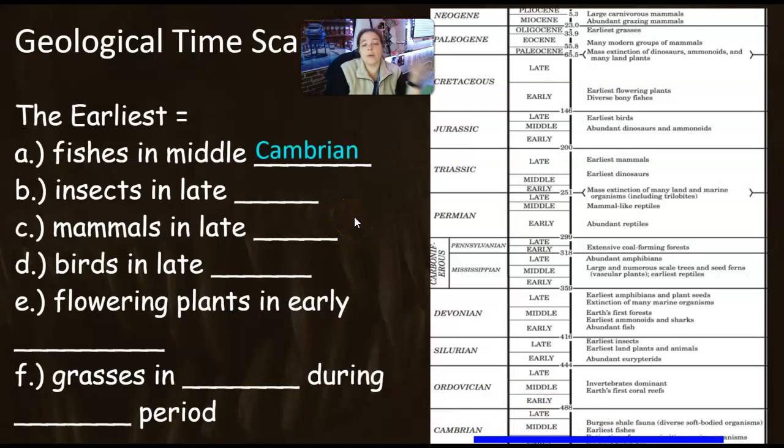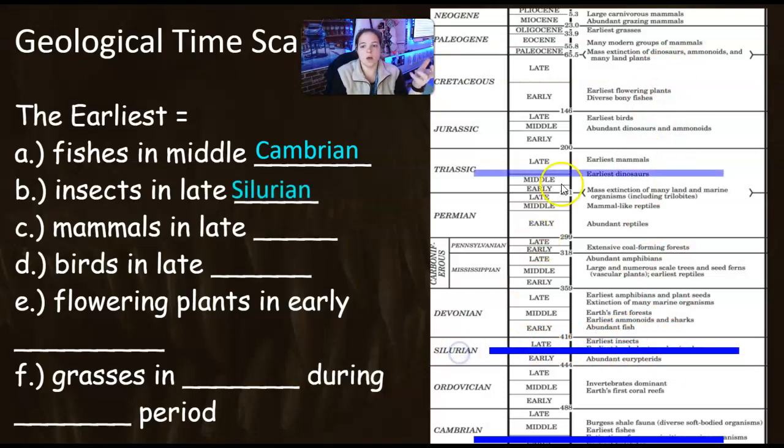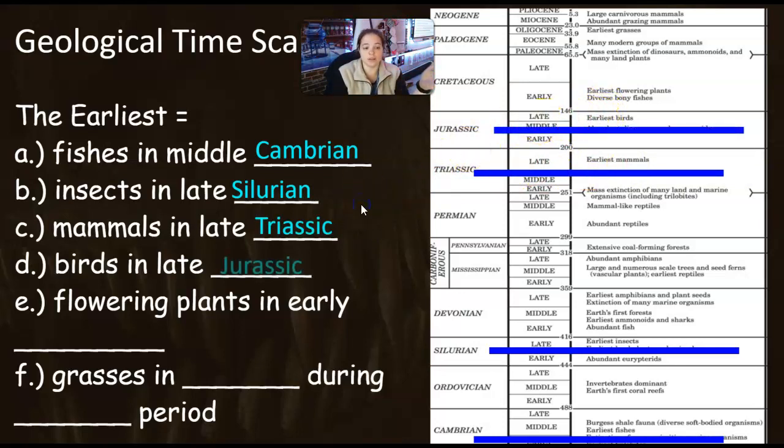All right, what about insects? When did insects come up? I'm going to look for earliest insects in the life on Earth, and I find it in the late Silurian. All right, mammals. Mammals all the way up here in the late Triassic. Well, what about birds? Birds are even higher up in the late Jurassic.